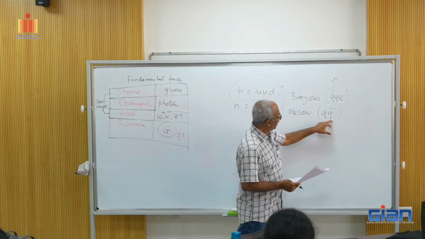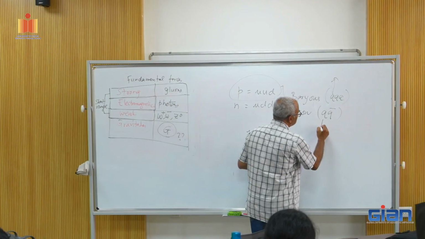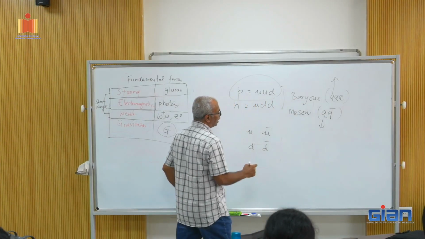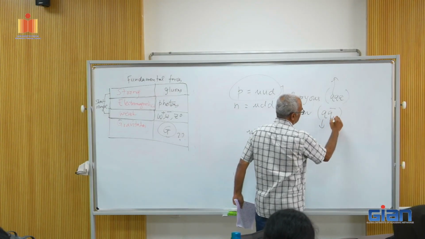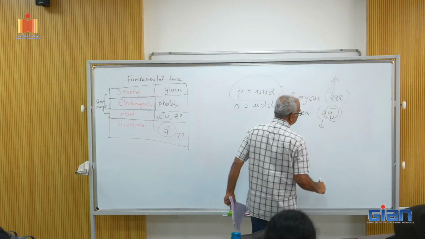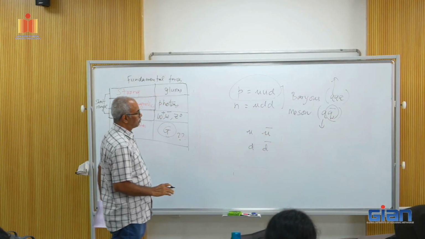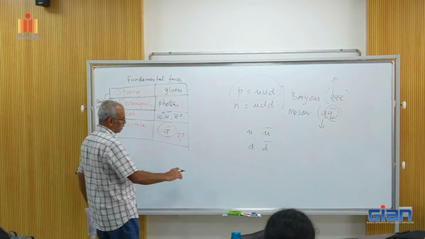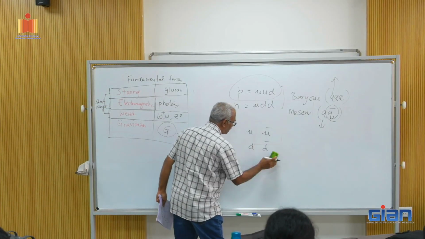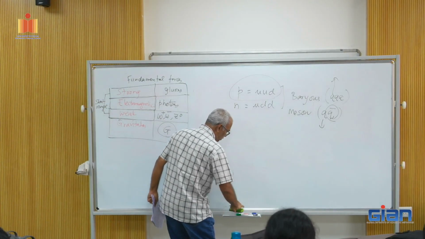So when you take any quark out of these 6, and any antiquark out of Q bar, you will create some kind of particle called mesons. And the most familiar ones are the pi mesons.